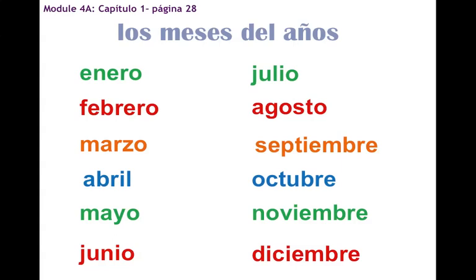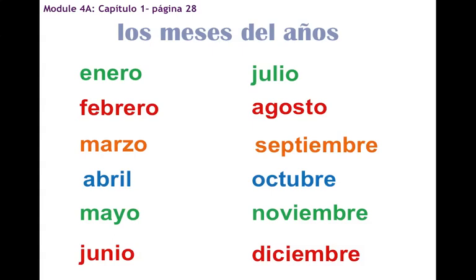A couple of things that I want you to take a look at. First of all, notice the cognates. Which of the months look similar to their English? Quite a few, right? Febrero, marzo, abril, mayo. It's mayo, by the way, not mayo, like on your sandwich. Junio, julio, agosto, and the rest. Really, enero is the one that is probably the most different.